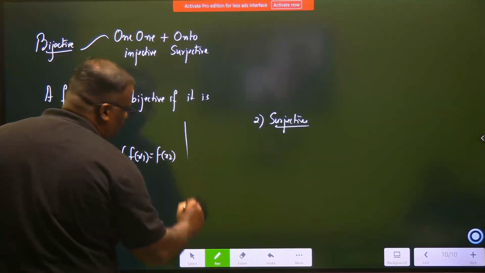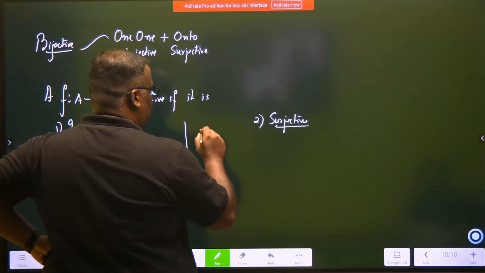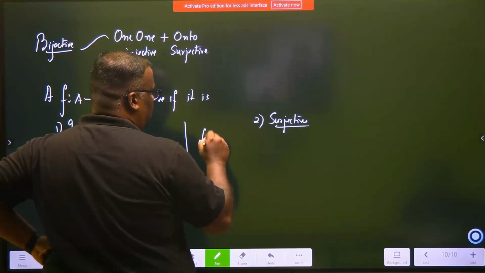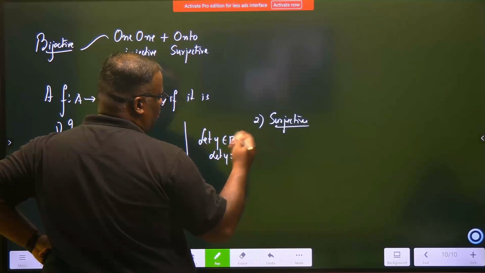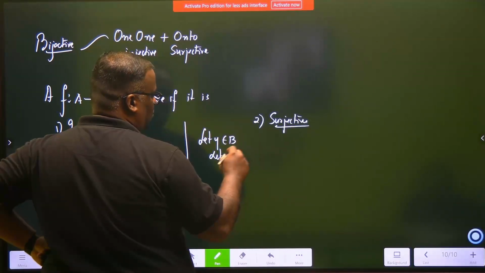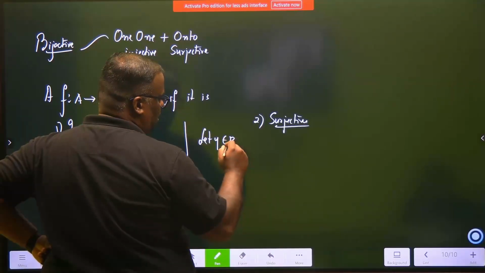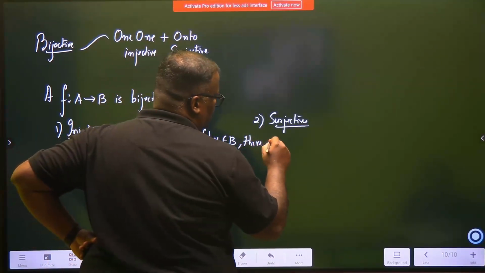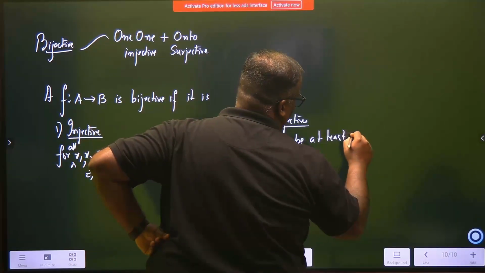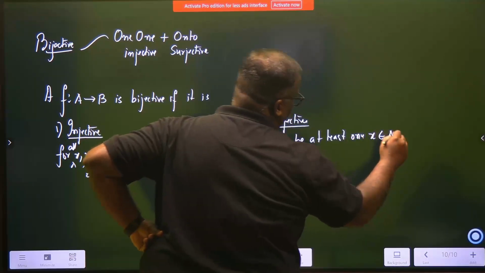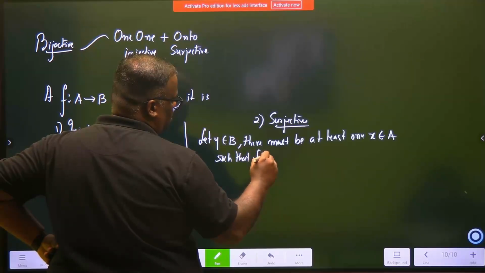You just proved it is injective, right? For surjective, let y belong to B. There must be at least one x belonging to A such that f of x is equal to y.